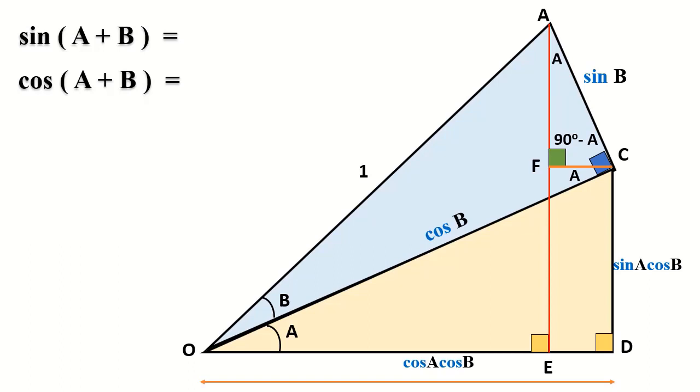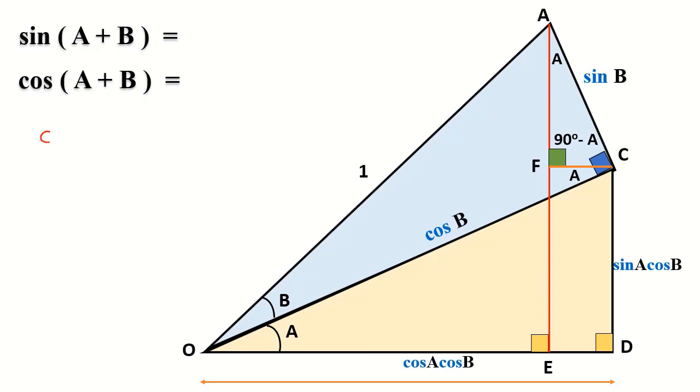To find the size of AF and FC, we apply the basic definitions of cosine and sine. So look at the triangle AFC.